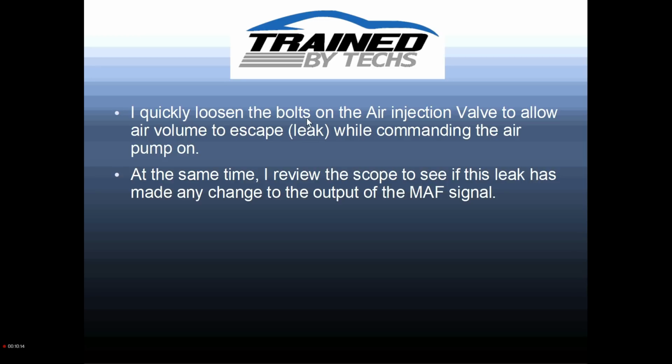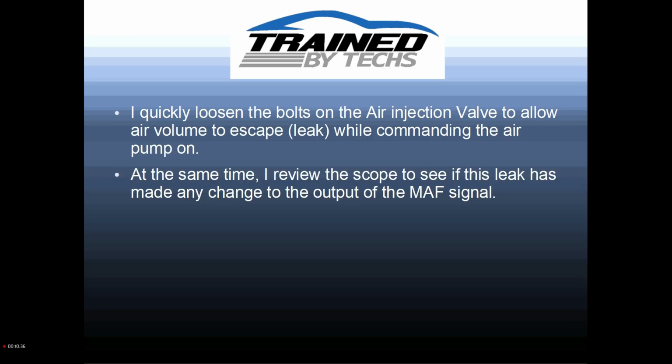I'm going to loosen the bolts on that air injection valve to allow air volume to escape, a leak, while commanding the air pump on. The whole purpose of that is to create a leak to see if I have airflow flowing out of that air injection valve.